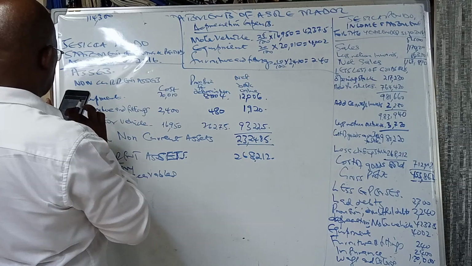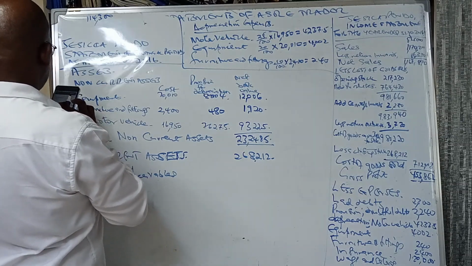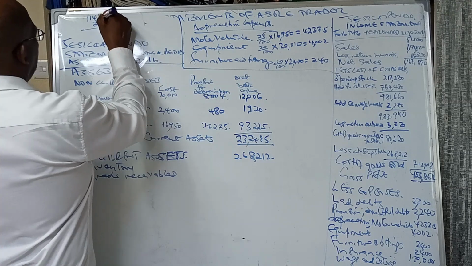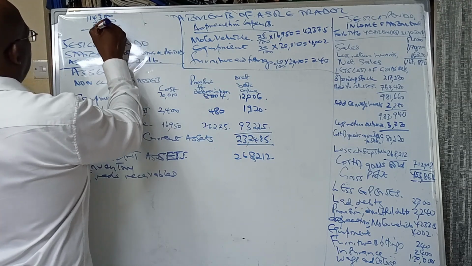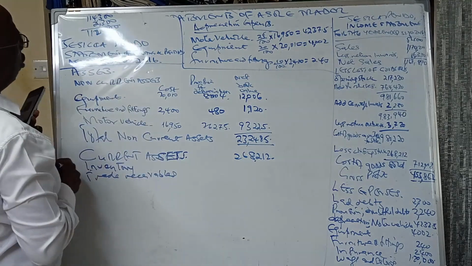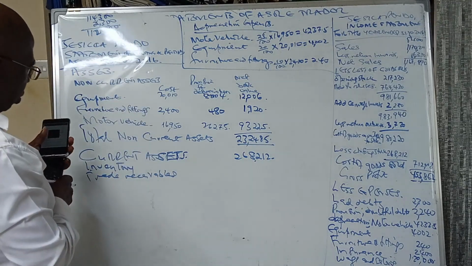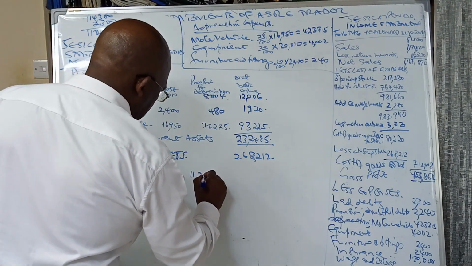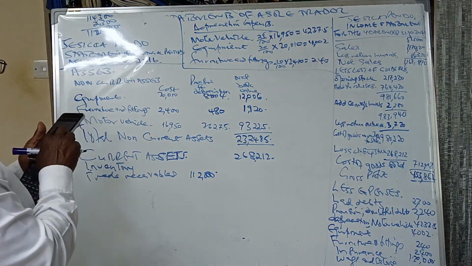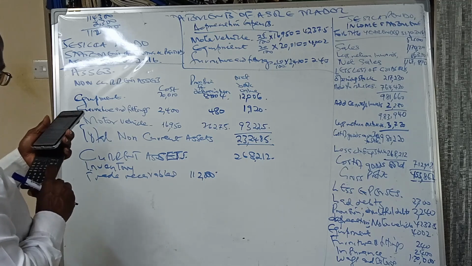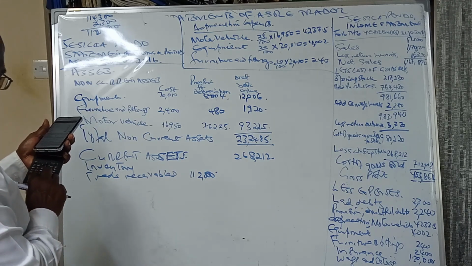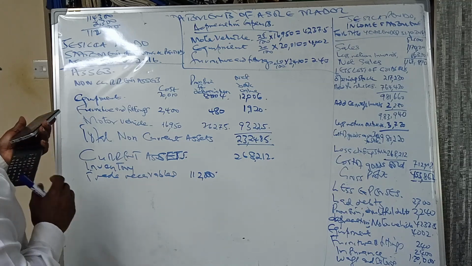We subtracted 2,300, the bad debt, and we were left with 112,000. But we say that we are providing for doubtful debts at 2%. So 0.02 of 112,000, you get 2240.